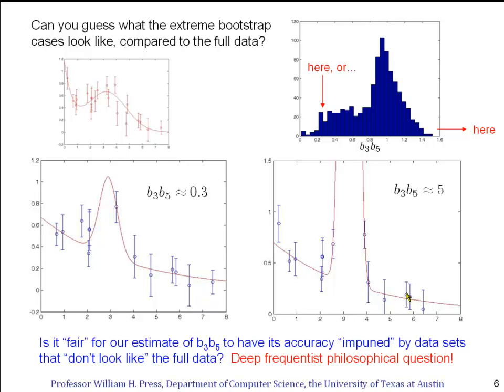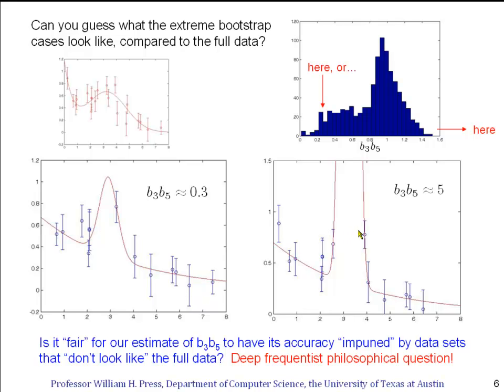Well, there's a deep point lurking here, lurking in this histogram. We're trying to estimate the accuracy of this quantity B3, B5. And here, we seem to be using in that estimate of accuracy data sets that just had flaws in them. They just didn't happen to have the points here, and especially here, they didn't happen to have the points in the peak.